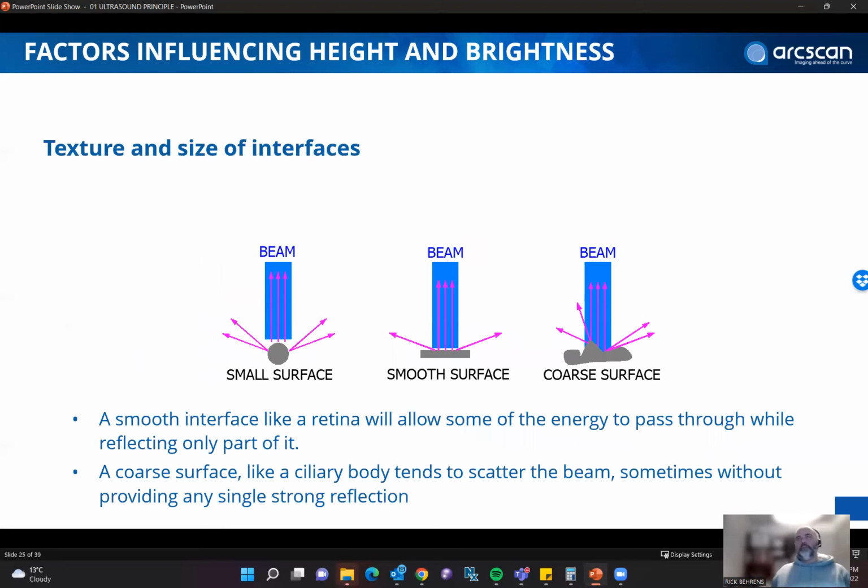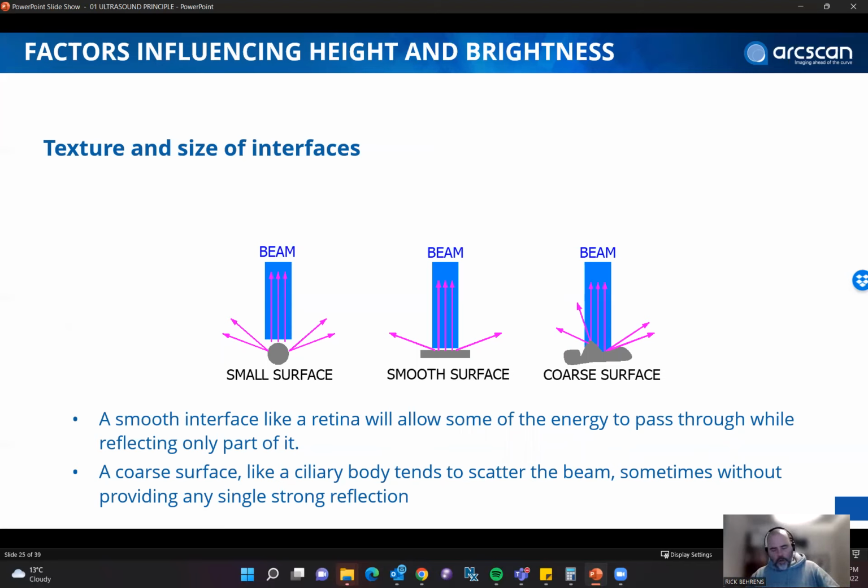Another thing that affects the readings is when you have a polymorphic or different surface. A small surface will give you a really nice beam, and a flat surface is going to give you a nice beam. But surfaces that look like Cheetos are going to look a little bit different.